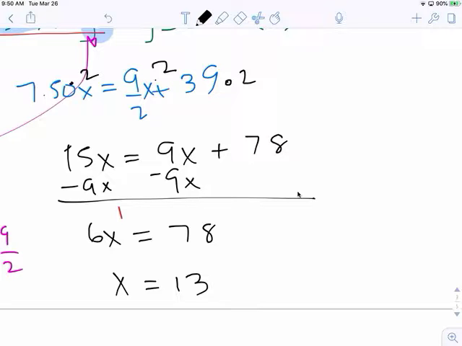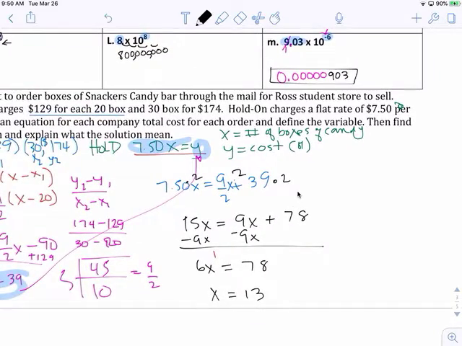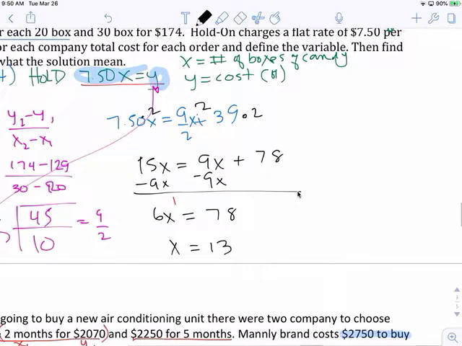Okay, so you sell 13 boxes, right? 13 boxes of candy. Okay.